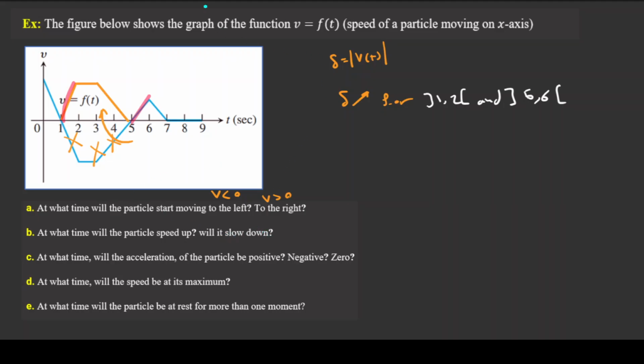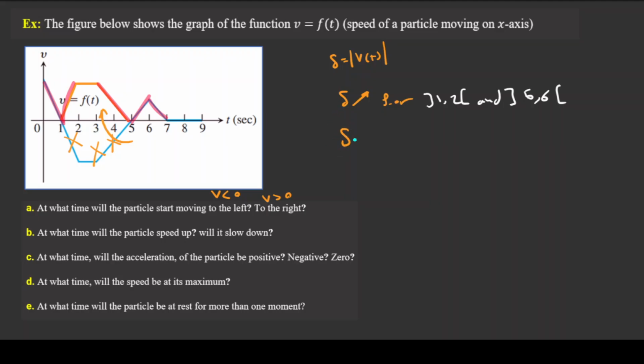Yes, it slows down from 0 to 1, and also from 3 to 5, and also from 6 to 7.